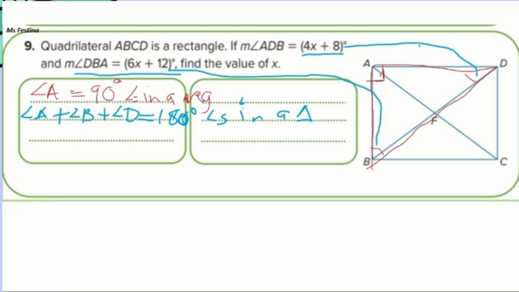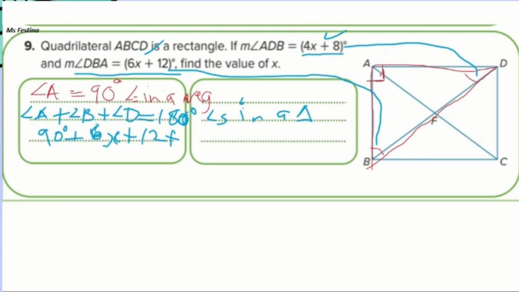Then we substitute what we have. We have 90 degrees for angle A, plus angle B, which is this one here, so we have 6x plus 12, and then plus angle D, which is this one here.